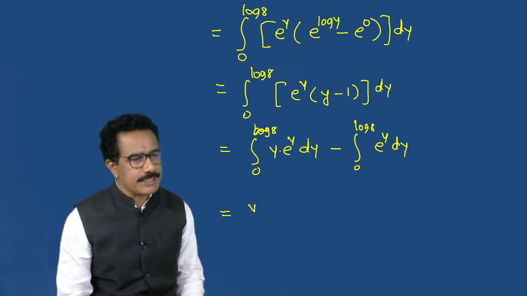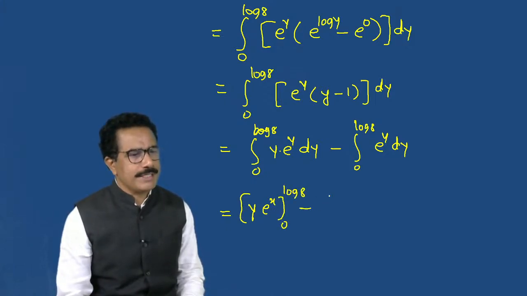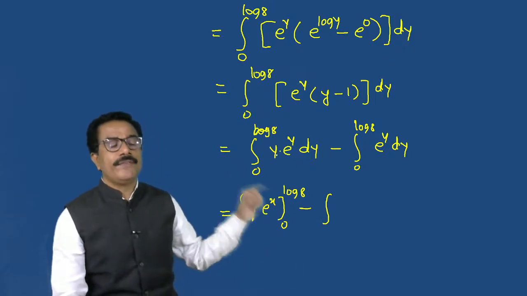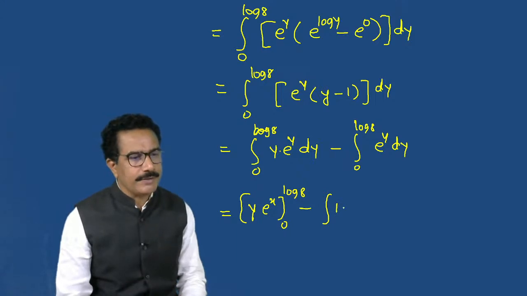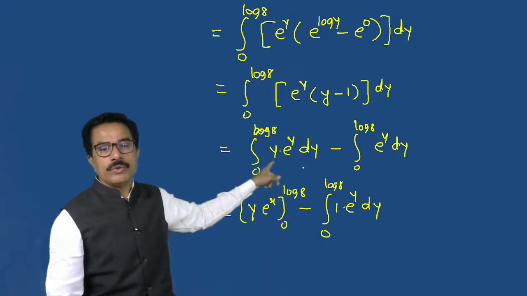First as it is, integration of second, over the limit 0 to log 8, minus integration of derivative of first, integration of second. The derivative of first, y, is 1, integration of second e raised to y dy from 0 to log 8. First of all we have to use the product rule.